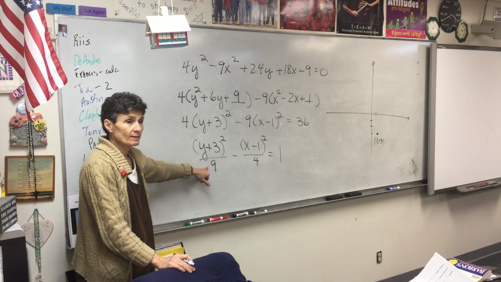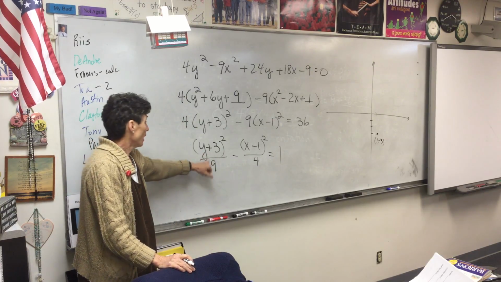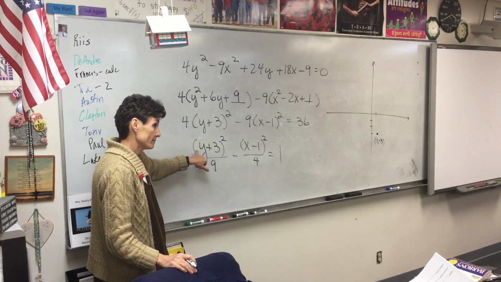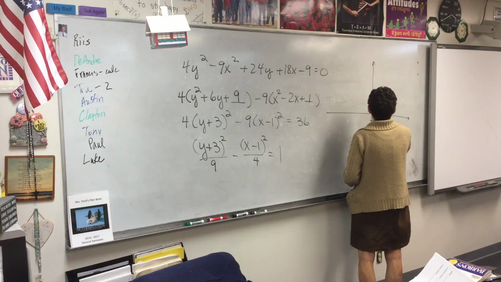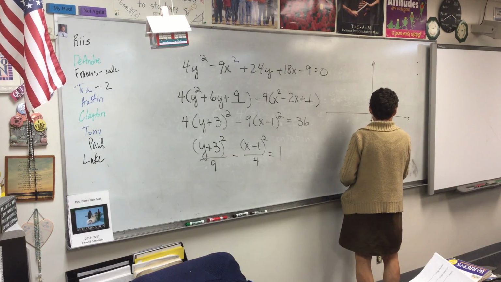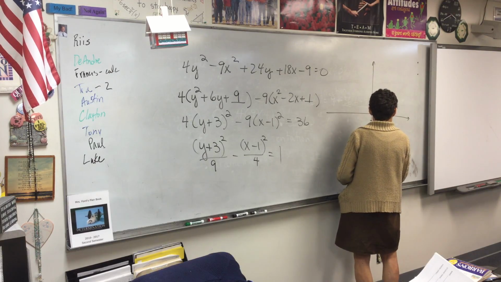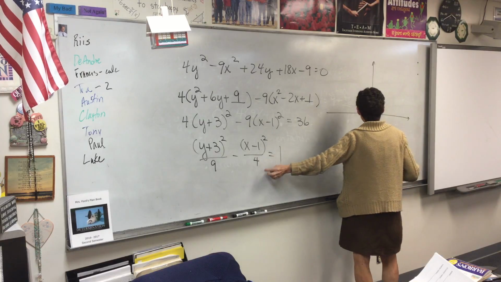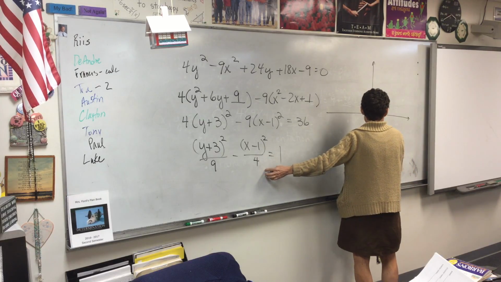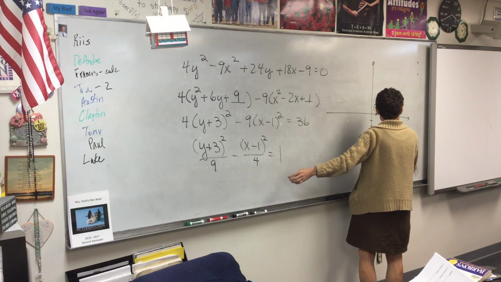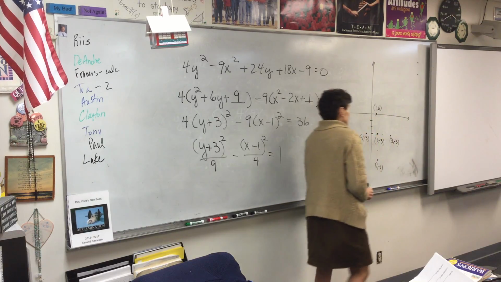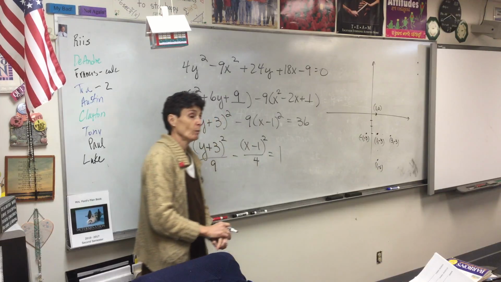What's that 9 right there? It tells us to go up and down. Up 3 and down 3. It's under y, so it's up and down 3s. So 1, 0 and 1, negative 6. And the 4 tells me side to side 2. Now this is a hyperbola, so don't get wild and crazy.